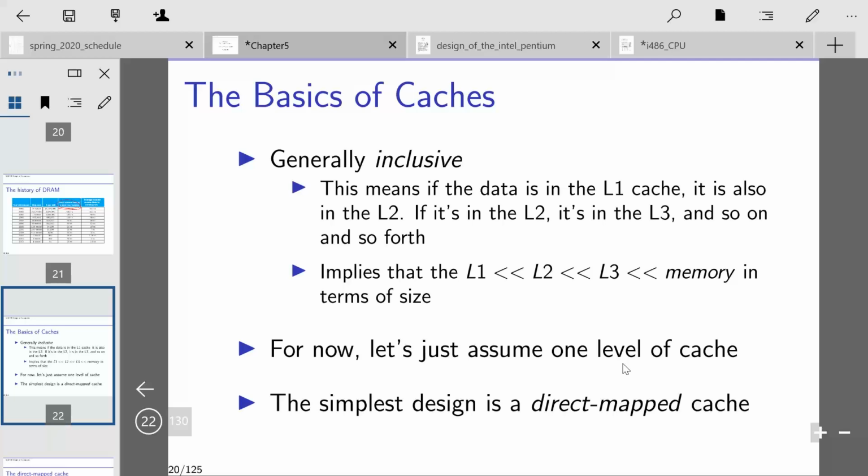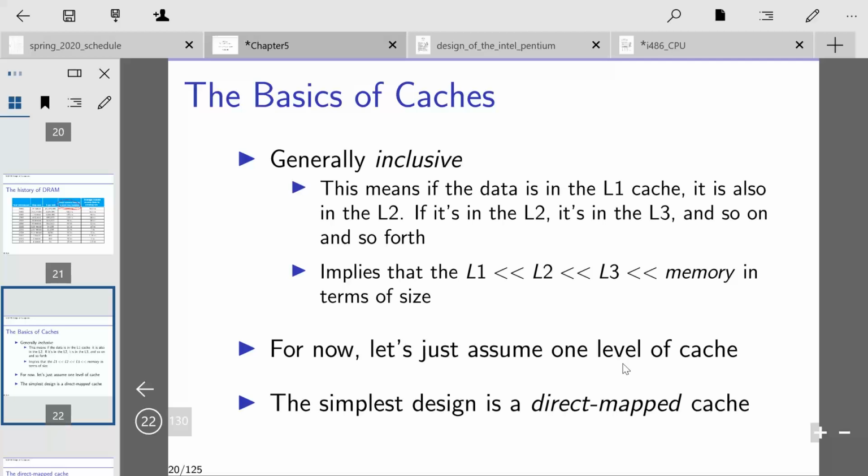For the level 1, its primary design goal is that it needs to be fast, because it runs at the speed of the processor. And we will do things to improve its speed, so we will sacrifice miss rate; the miss rate may go up a little bit to maintain that higher performance.